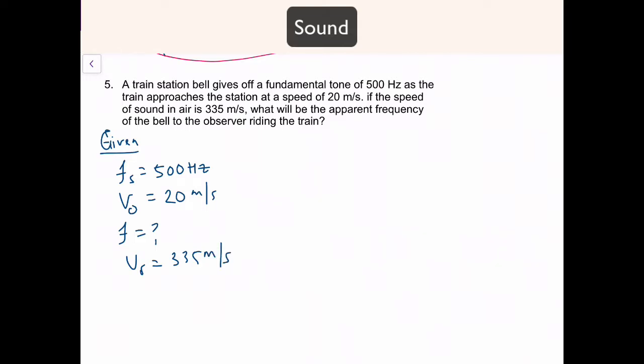Okay, so in this particular case, it's up to you to choose what equation you want to use.